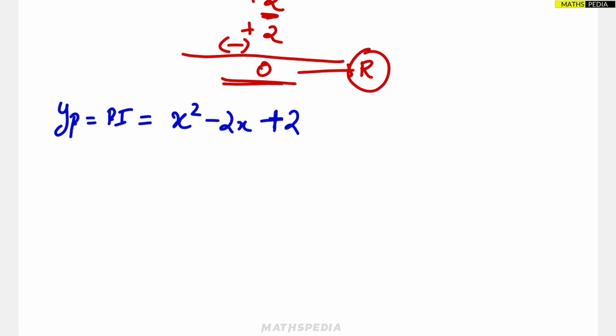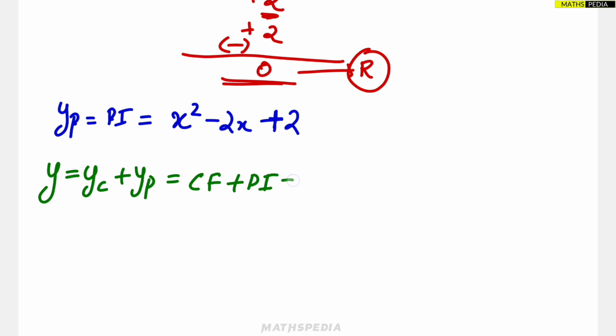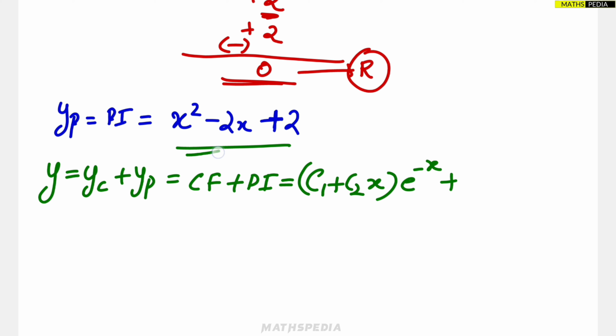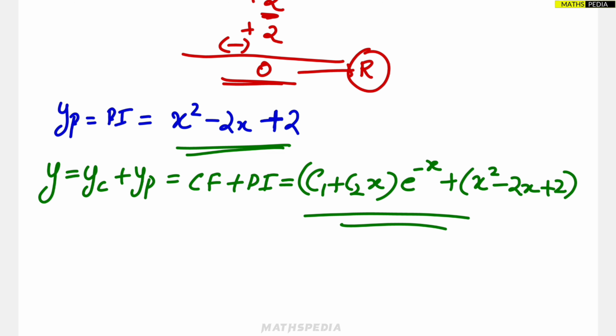Now I can directly write the y value, which is the solution yc plus yp, or you can call it the complementary function plus the particular integral. So the CF value we already calculated, you have to substitute here. It will be c1 plus c2 x into e power minus x plus this particular integral, the quotient x square minus 2x plus 2. So this will be the final answer. Very simple.